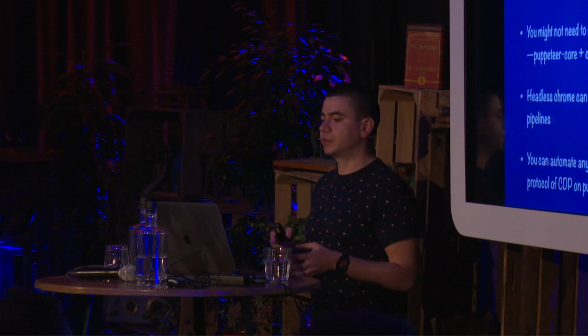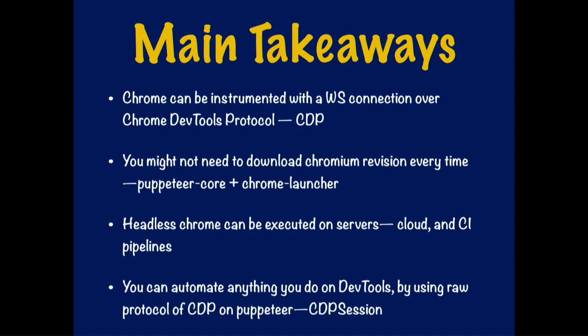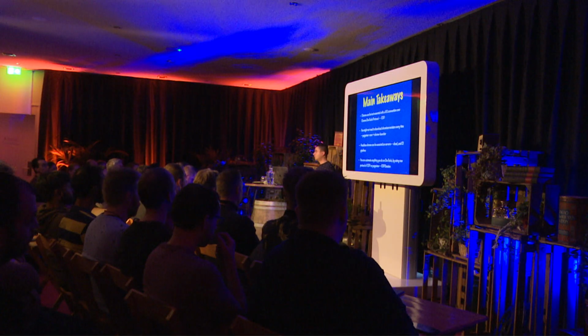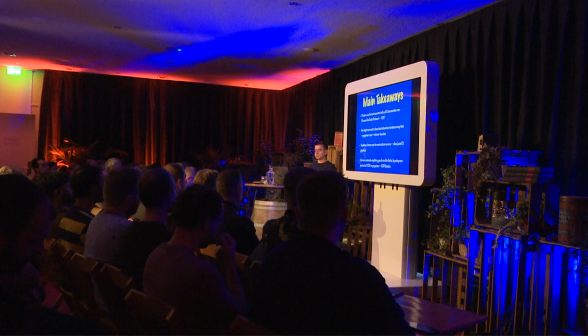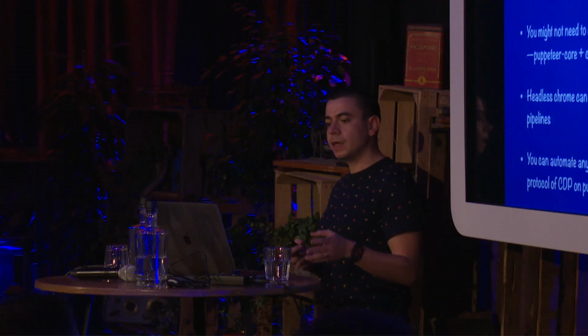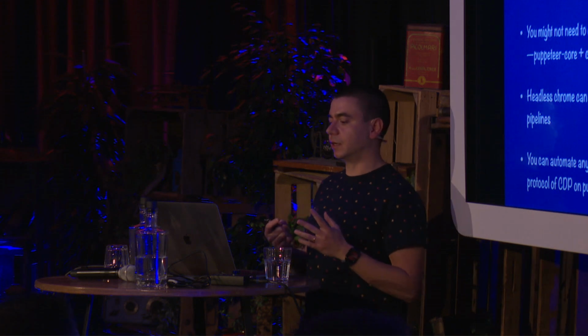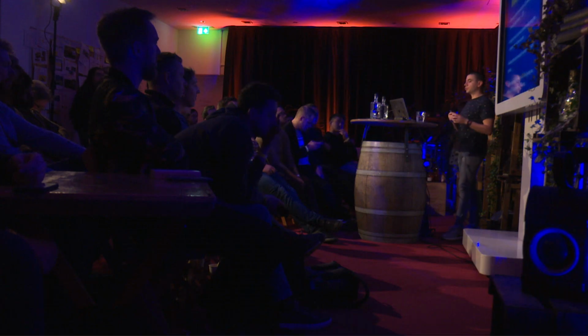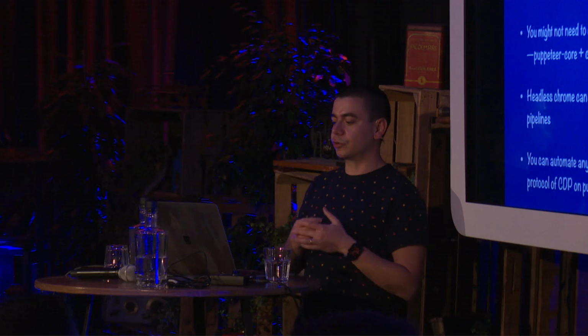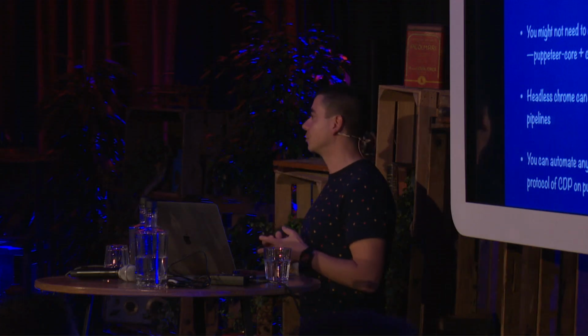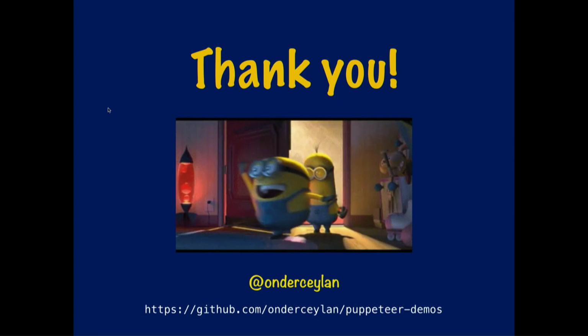Headless Chrome can be executed on servers. It can be executed on cloud, on continuous integration pipelines. Almost all pipelines have Chrome with them. If not, you can download it with simple scripts, or you can just use Puppeteer as is. It will download the bundle for you anyway. You can automate anything you do on DevTools by using the raw protocol of Chrome DevTools protocol on Puppeteer over a Chrome DevTools protocol session. Thank you.